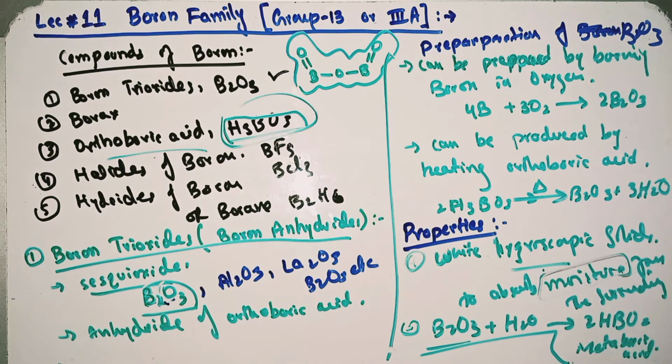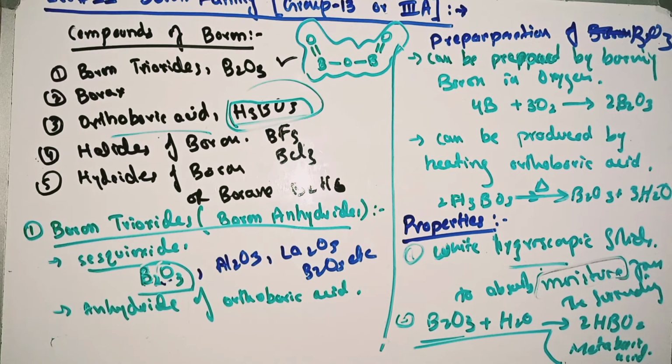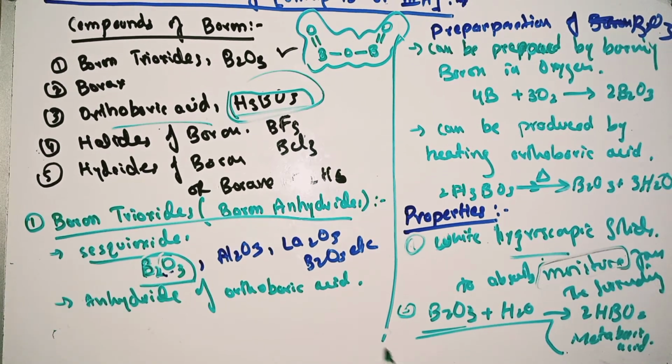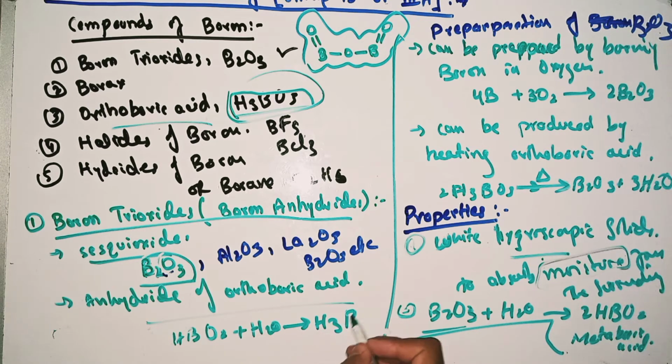Again, when this metaboric acid, HBO2, absorbs more water, it will be converted into H3BO3, that is also called orthoboric acid.